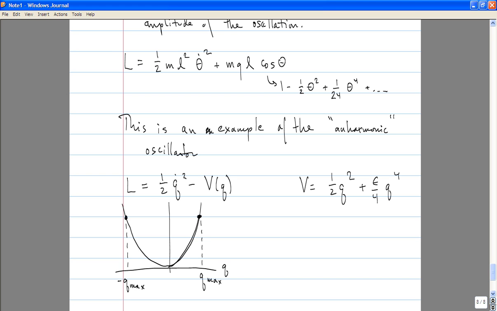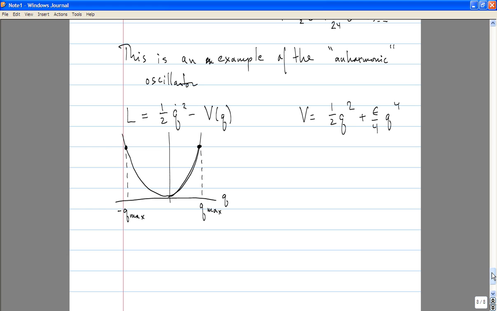So the amount of time it takes to do that will just be 4 times the amount of time it takes the pendulum to go from q max down to 0, right? So it goes from q max down to 0, then 0 to minus q max, then minus Qmax back to 0, then 0 back up to Qmax.